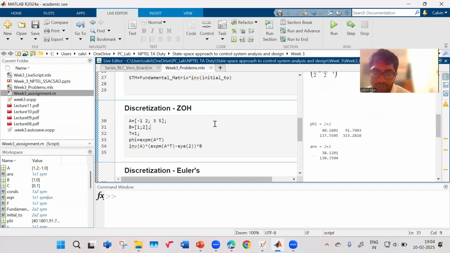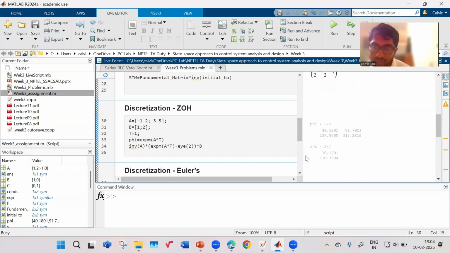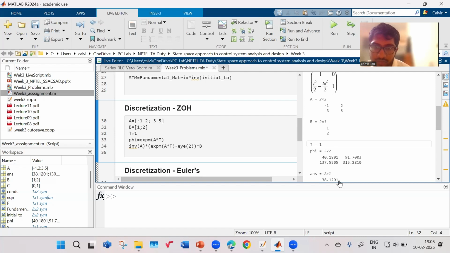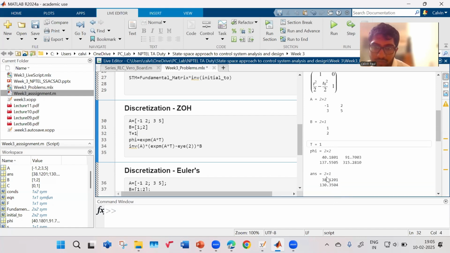So this is the A matrix which we have. A is given over here. Let's remove this, put this. So this is the A matrix minus 1, 3, 2, 5.